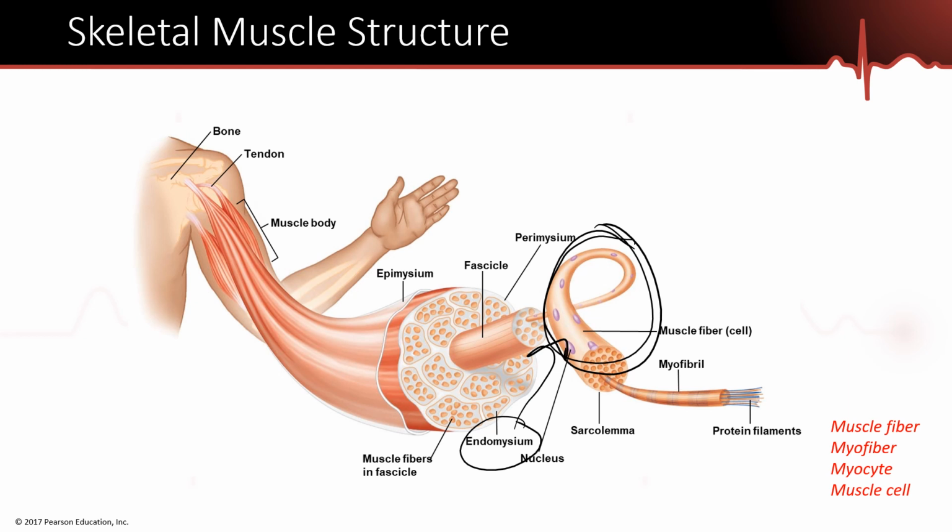Well, all of the different endomysium merge with the perimysium, which merges with the epimysium to form the tendons on each end.